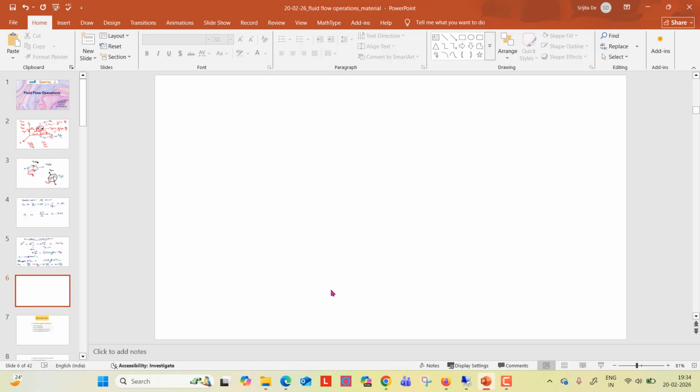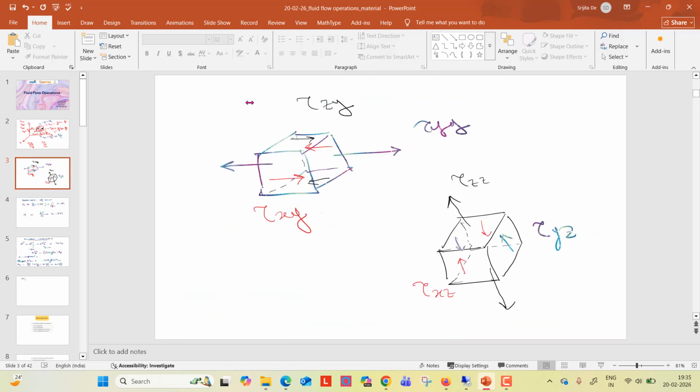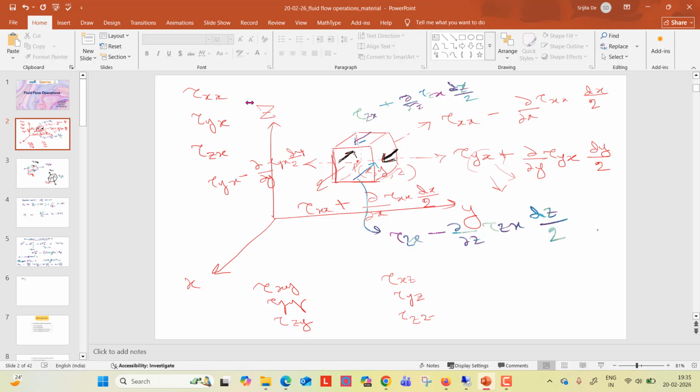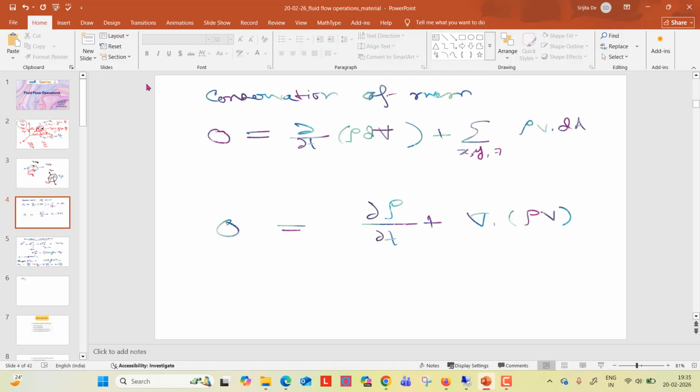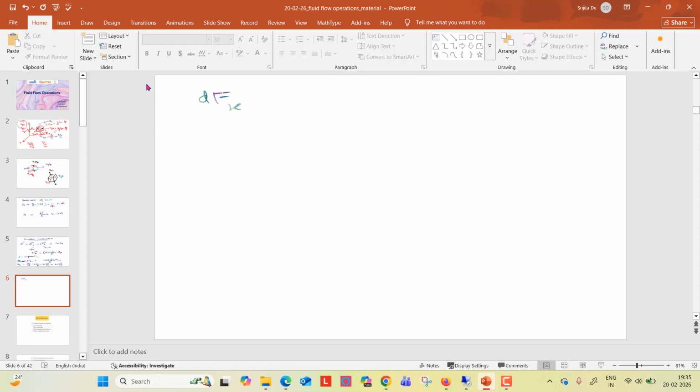Now comes the surface force. The x directional surface forces, as we just saw, are the shear stress components, these three components. How will you define it? It is again force, but here we are going to represent it in terms of stress.